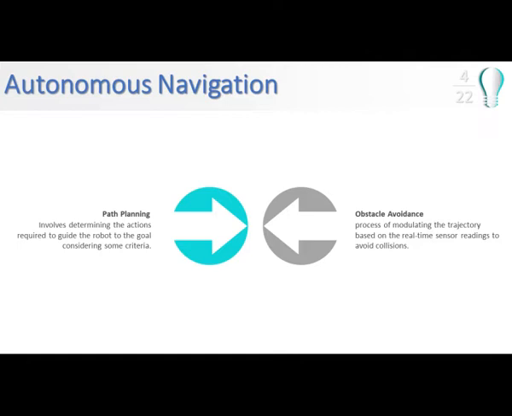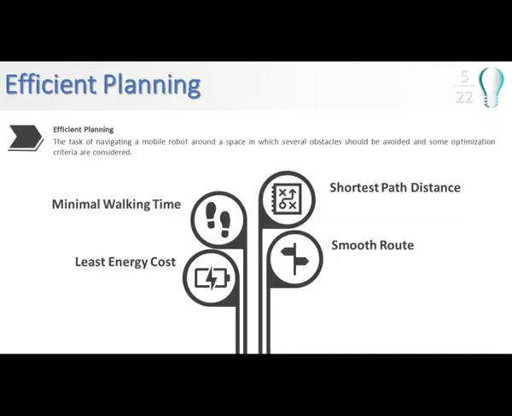Now we know the problem. The problem is autonomous navigation, going from point A to point B with the best path planned and also avoiding collisions. So, talking about path planning and autonomous navigation, the best and most efficient planning is the one that considers the least energy cost, smooth routing, the shortest path distance, and also minimal locking time.